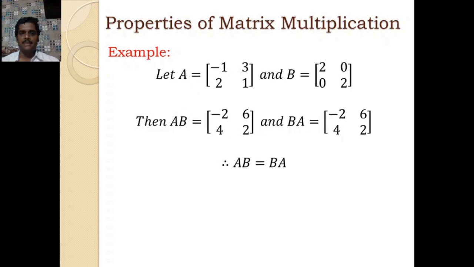So actually what I mean to say over here is, whenever somebody gives you a particular matrix A as something, matrix B as something, and asks you whether AB is equals to BA or not, by using the property, you can't bluntly say AB is not equals to BA.